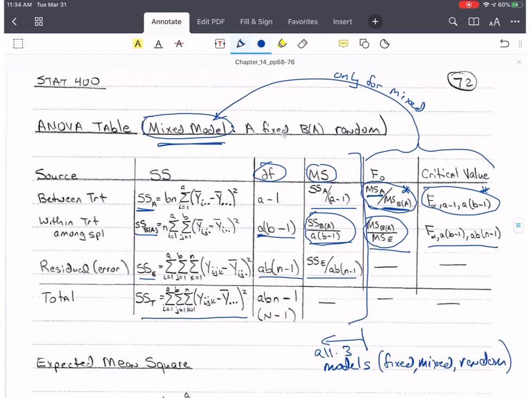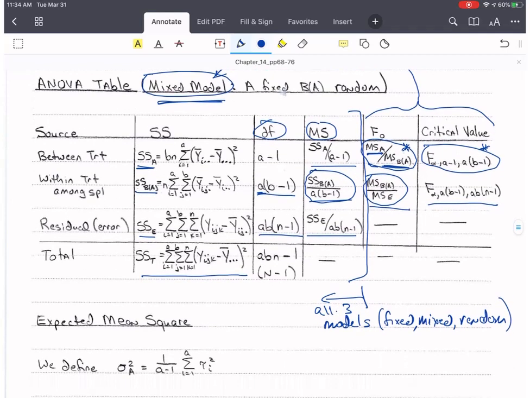Okay. All right. And with the degrees of freedom, we have A minus 1, A times B minus 1, AB times N minus 1, and they add up to ABN minus 1. And that makes sense. We want to subtract off 1 degree of freedom total. But we need to divide that up between treatments, within treatments among samples, and then within treatments, within sample among observations.